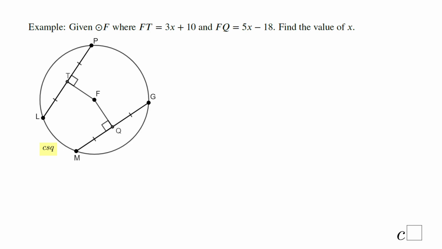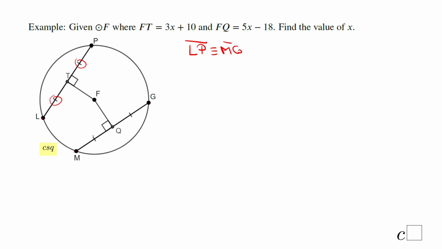On my next problem, we're going to use the same theorem, and we notice it's very similar. We notice here that LP, this chord, and MG are congruent because we notice the same marking here, right?